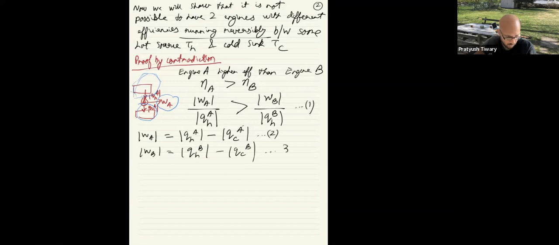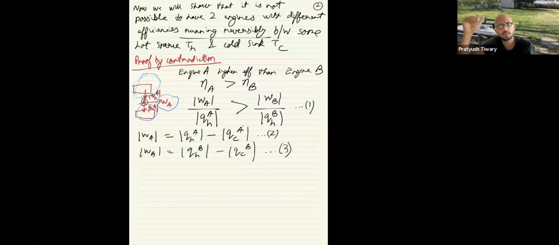So right now we cannot do much. We are going to make one assumption. We are comparing two heat engines, and pay attention to this point, because this is where students get confused. Right now we have to make one of two assumptions in order to compare things. Either we assume that the amount of heat they are sucking from the hot source is the same, so QHA is the same as QHB, and then we talk about the work done, or we assume that the amount of heat they are dissipating to the cold source is the same.